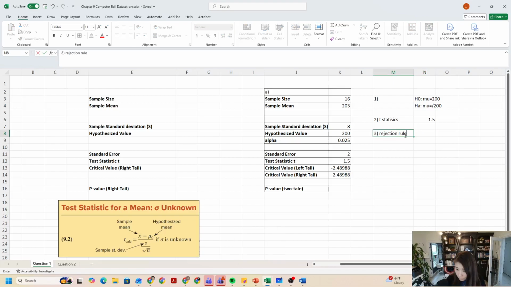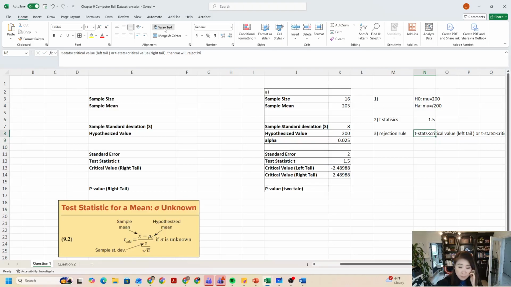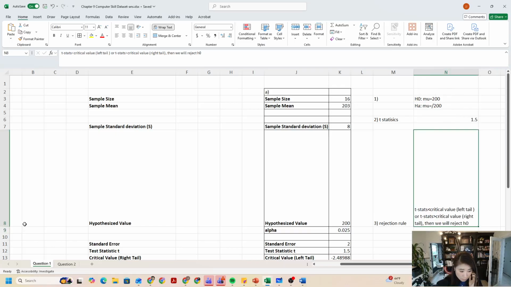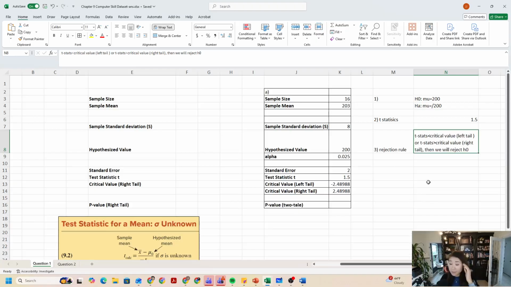So the rejection rule is that if the t-stat is smaller than the critical value, left tail, or the t-stat is larger than the critical value, right tail, because that's when it's going to fall into the rejection region, then we will reject H0. Okay, so that is my rejection rule.